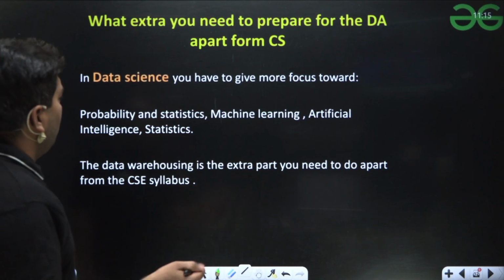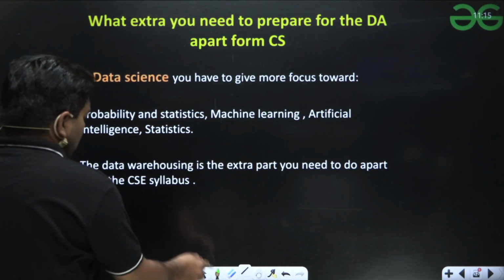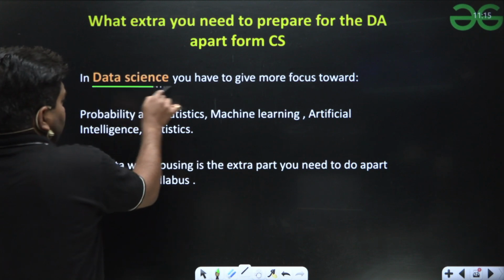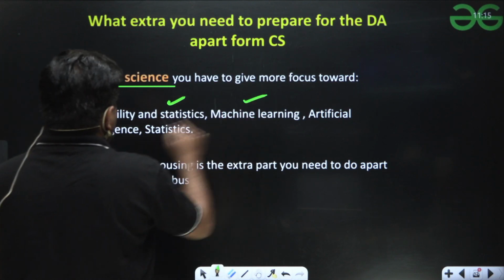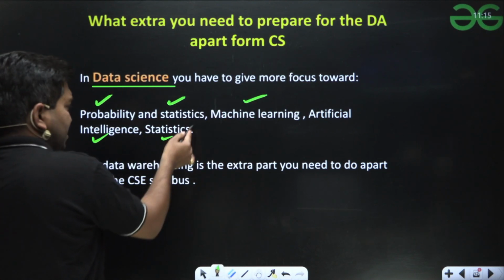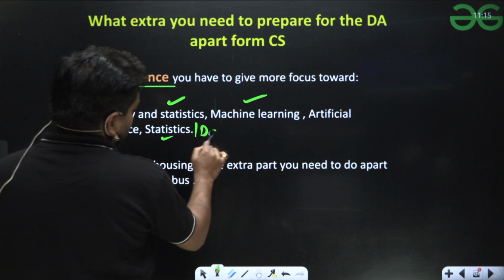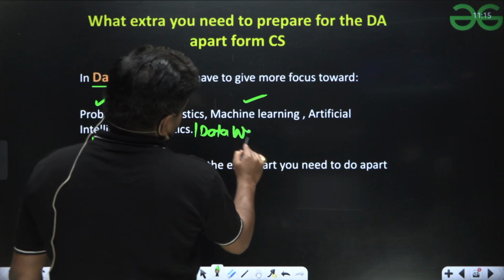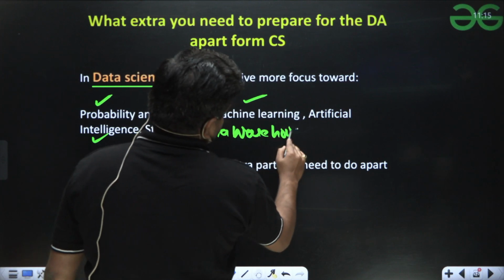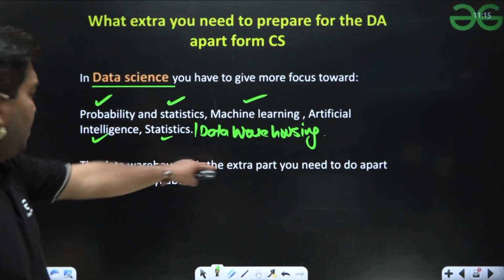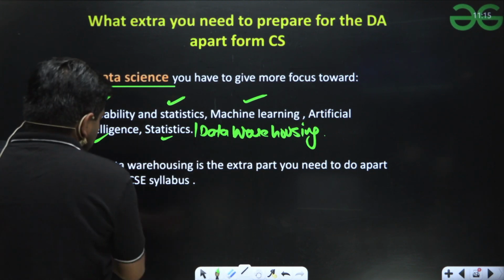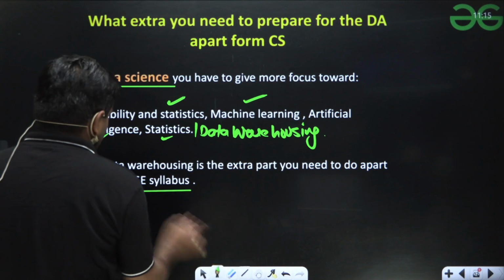Now what you need extra: when you study data science, you learn probability, statistics, machine learning, AI, and data warehousing. Data warehousing is the extra part which is new along with the CSE syllabus, and it is mentioned here also.